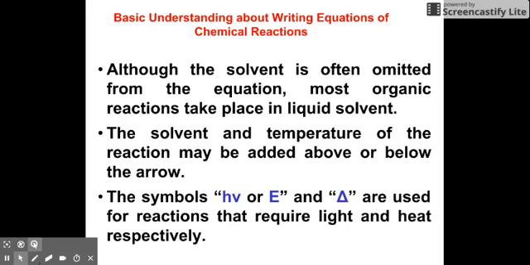E stands for energy, which means light, and delta is usually the supply of heat. hν is an expression from physics that represents the amount of light that you supply in the reaction, and the delta represents the presence of heat. Again, those are requirements for some reactions to proceed.